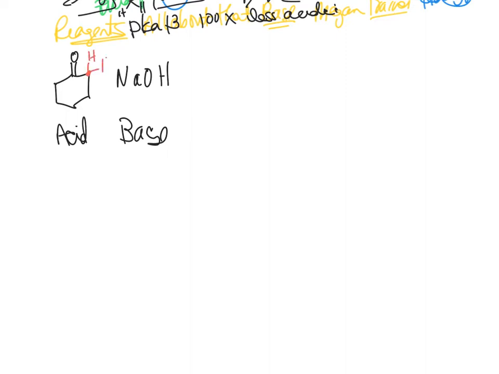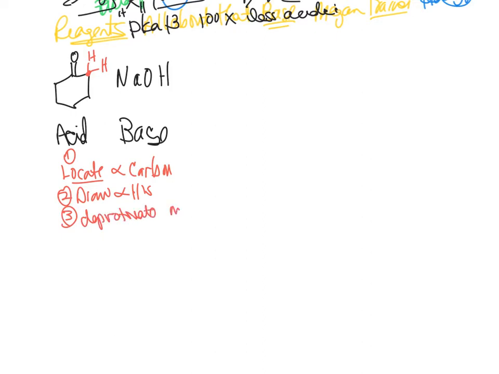Draw in your alpha hydrogen. So I'm giving you your steps. 1, locate alpha carbon. 2, draw in your alpha hydrogen. 3, deprotonate to make your enolate.